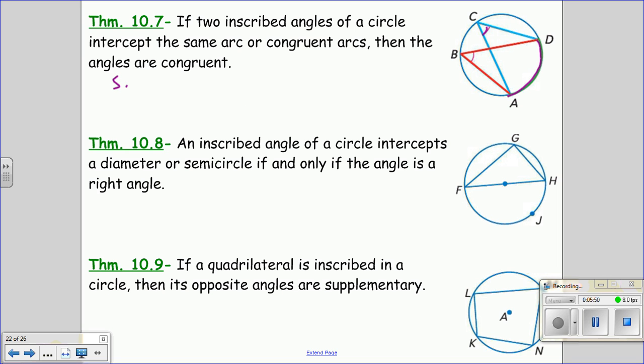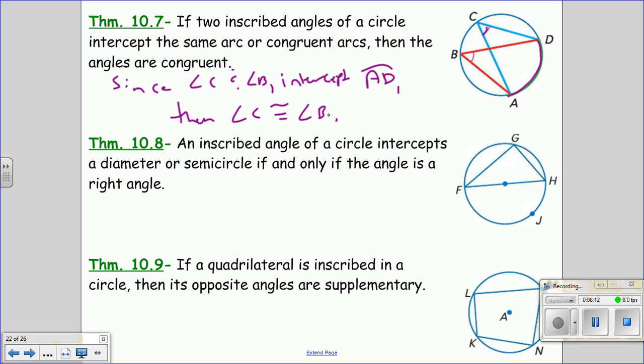So since those two angles, angle C and angle B, intercept arc AD or DA, then angle C is congruent to angle B, according to theorem 10.7.